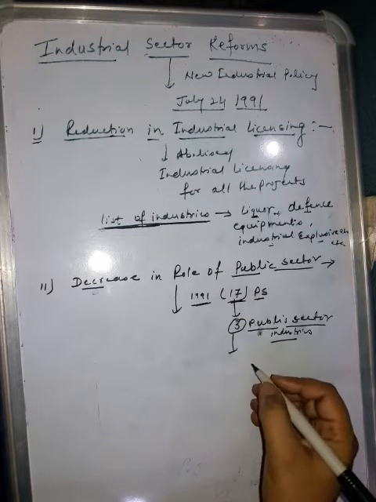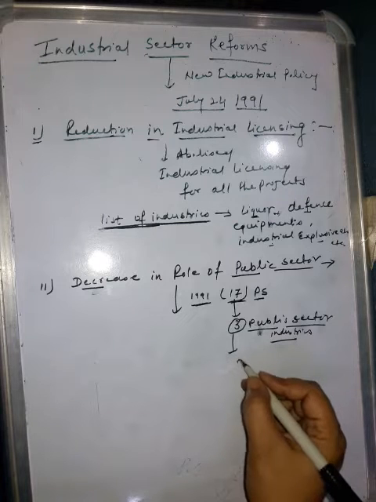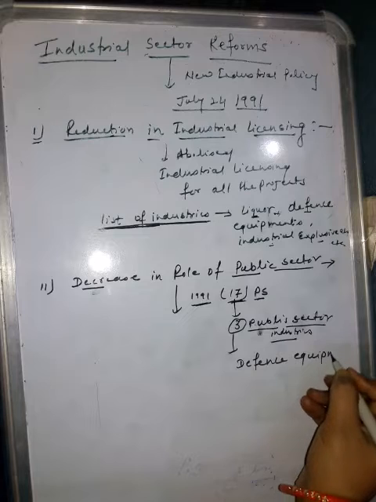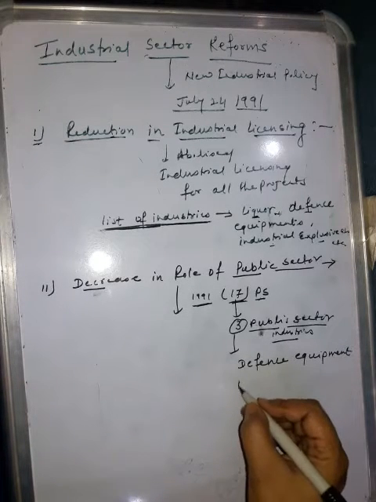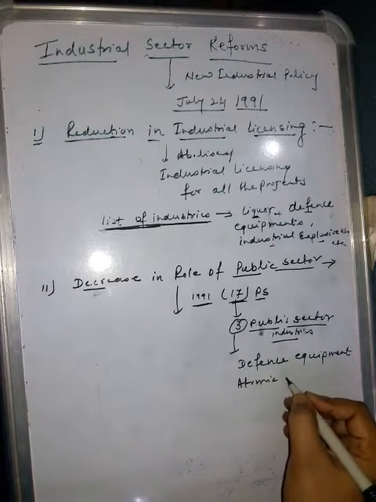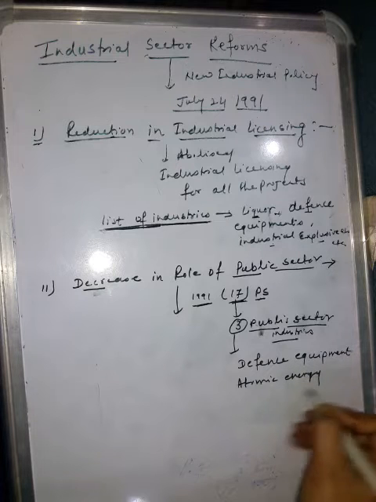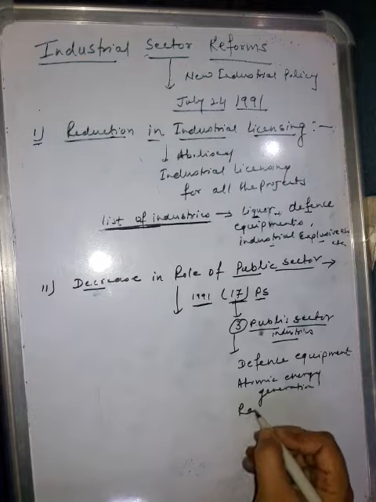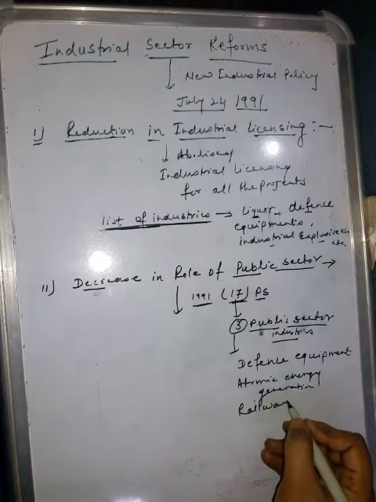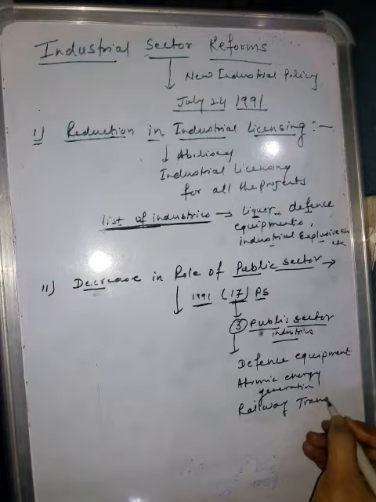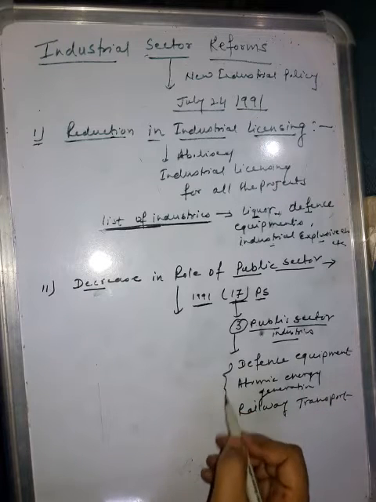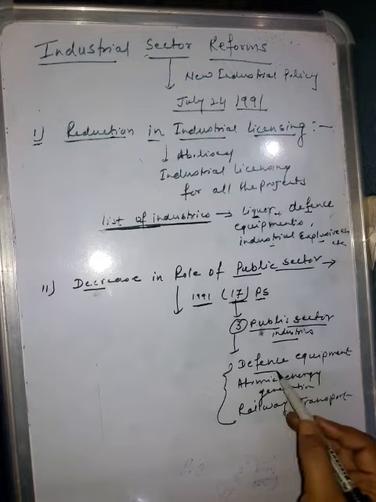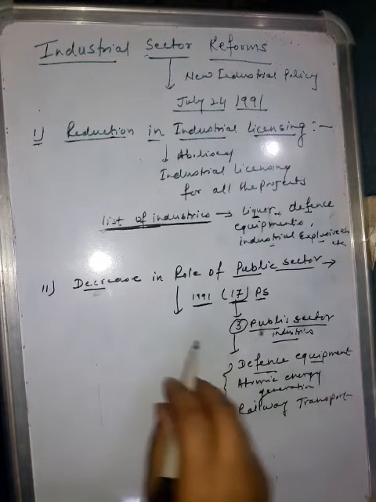These industries still in the control of the government are defense equipment, atomic energy generation, and railway transport. These 3 industries are left, which means these industries are still managed and controlled by the government.